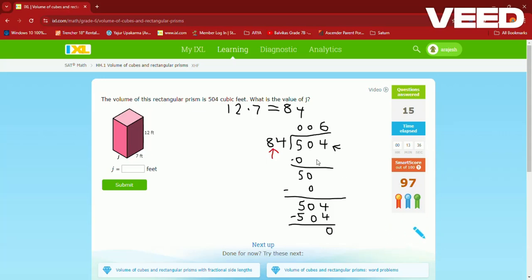Moving on. 504 divided by 84 is equal to 6, because we do the math and get a 0 again, since 84 is not divisible by 50 or 5. But 504, we have our real deal, which is 6. So I'm going to say that it is 6.